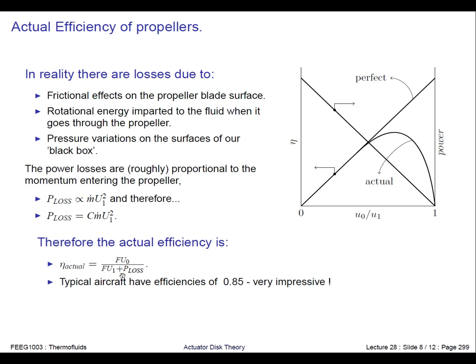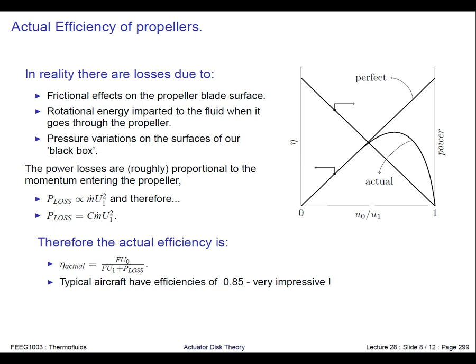So this is the power consumed by the propeller, and this is the additional power that you need to deal with all of these losses. You get to a typical efficiency of about 0.85, so in reality, a propeller is quite an efficient way of generating momentum, or force and thrust.